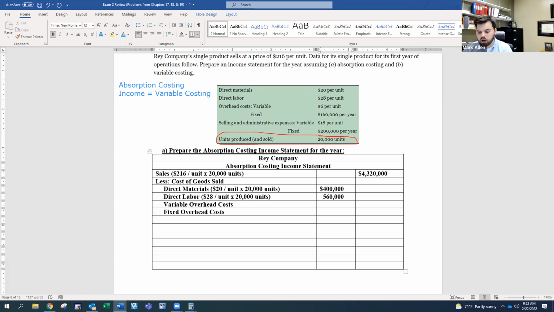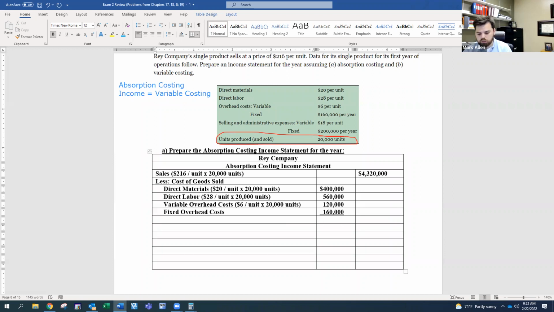For our variable overhead costs, this is $6 per unit times 20,000 units, which comes out to $120,000. And then our fixed overhead costs they gave us in total as $160,000.